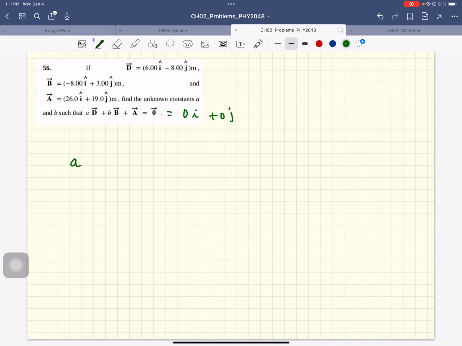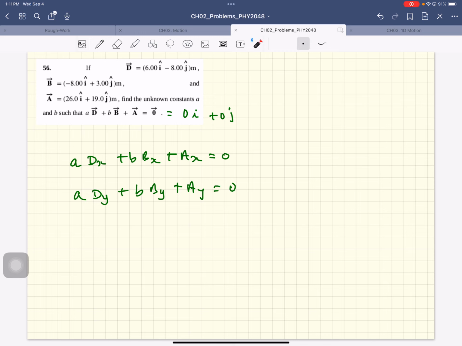So what this really is: a dx plus b bx plus ax equal to 0, and a dy plus b by plus ay equal to 0. The x component is the sum of the x components, and the y component is the sum of the y components. So now you have two equations and you can solve for the two unknowns.